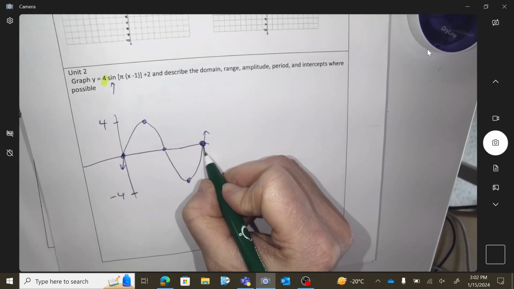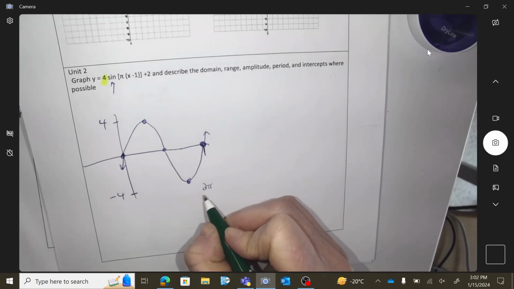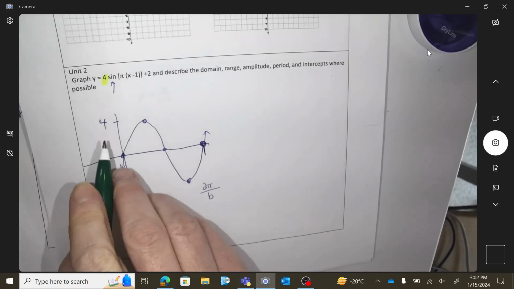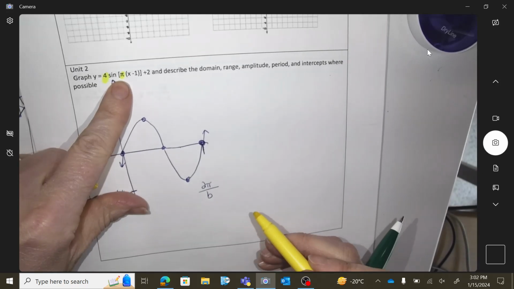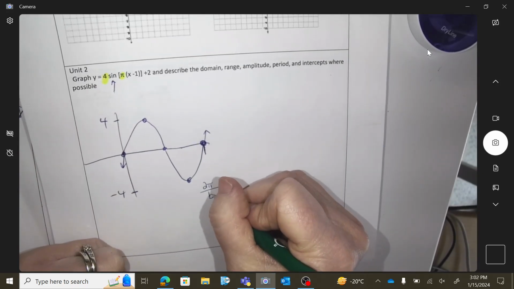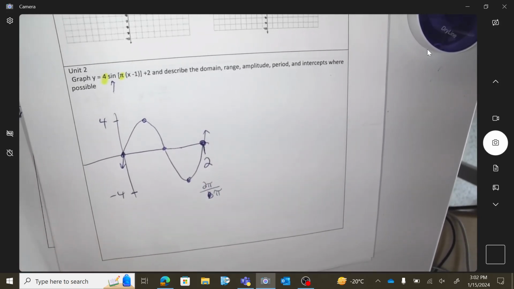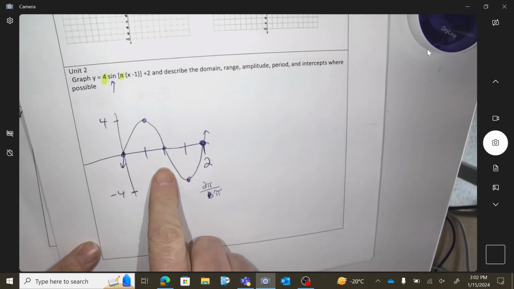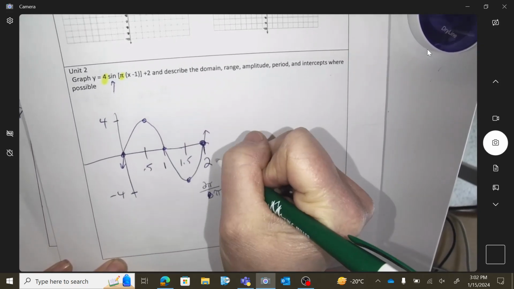What is this position normally at? It's normally at 2 pi, but what do you have to do with x values? Divide by b. So there is a b right here. I'm going to divide by pi, which means this is a 2. Which means what's each tick going up now? 0.5, 1, 1.5, 2.